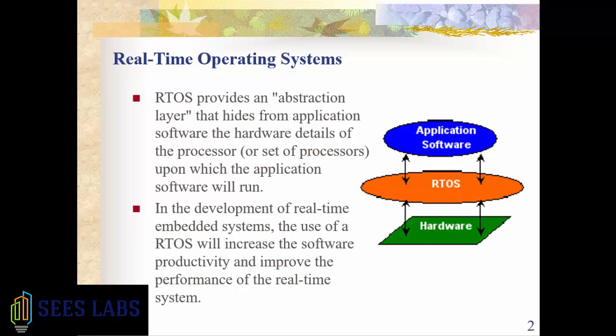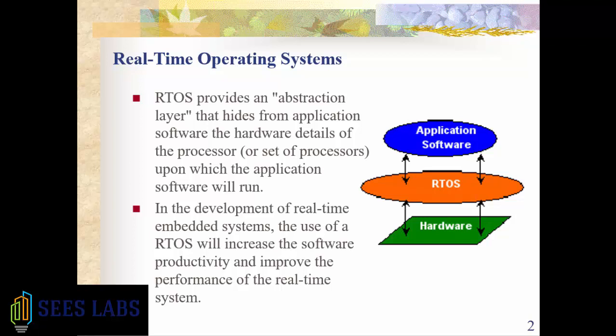We use real-time operating systems in order to increase software productivity, meaning the speed with which we can produce the software, and to improve the overall performance of real-time systems. As we know, in a real-time system the main thing is to do the job within the defined deadline.